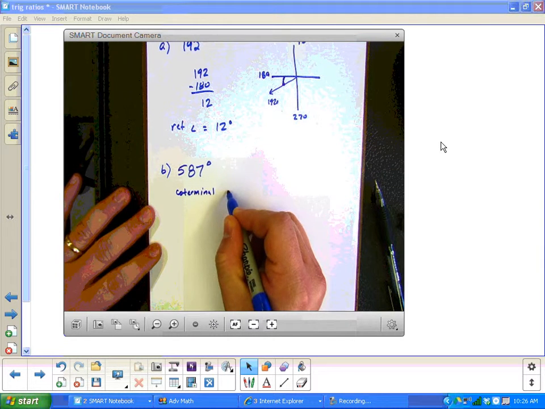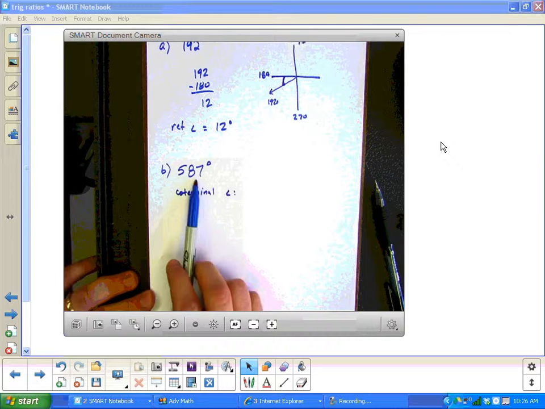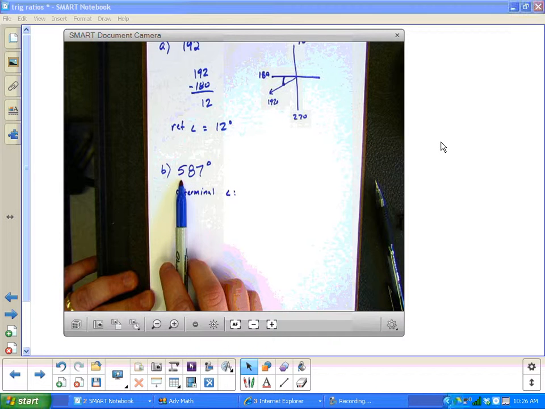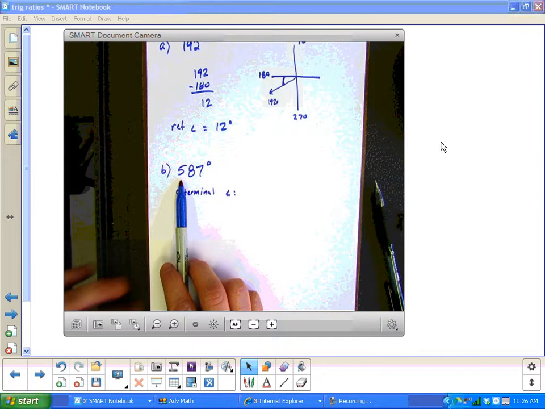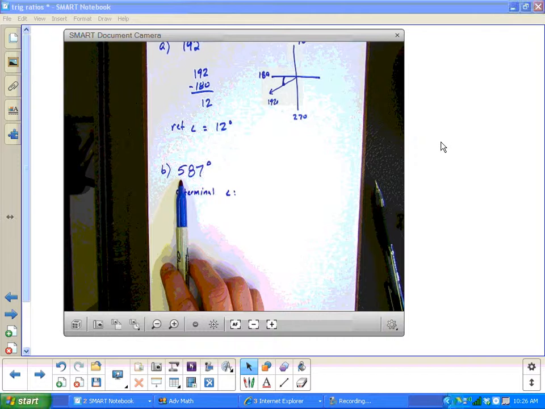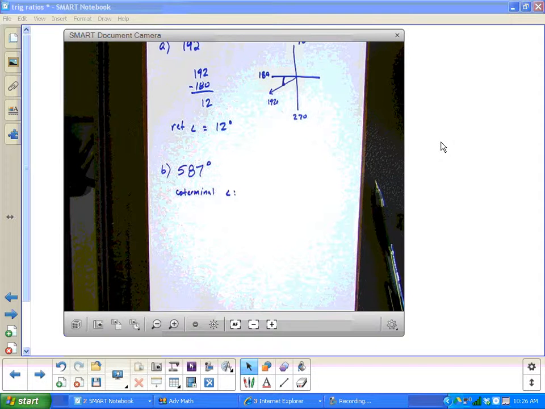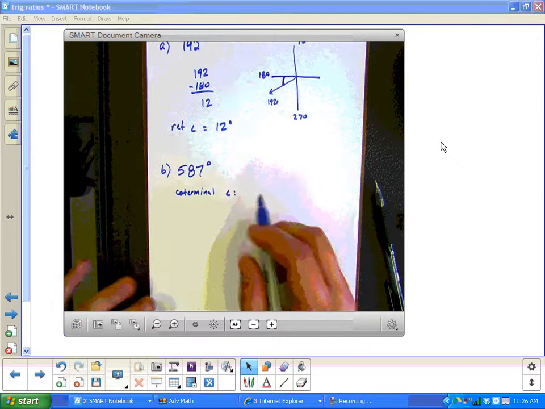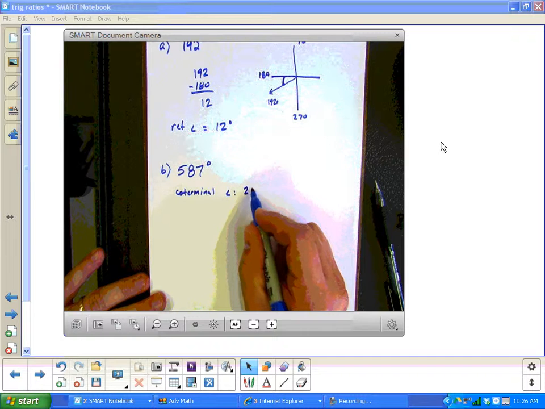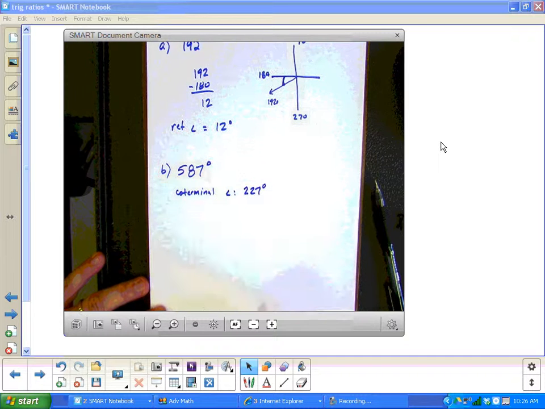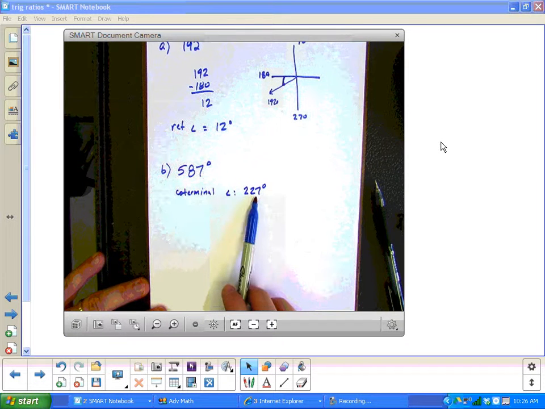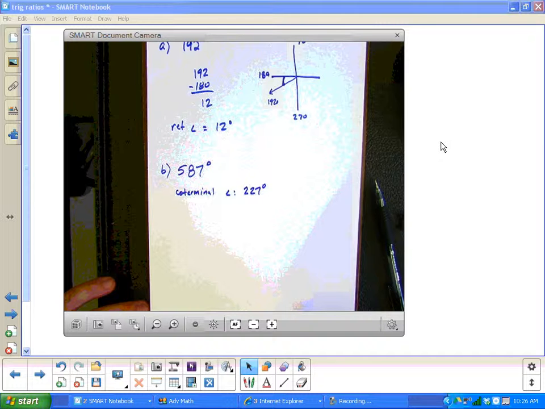All right, how do we find the coterminal angle? Subtract 360 as many times as you need. What if it's negative? Then you have to add 360. All right, so I think just one time is going to get it, isn't it? All right, 587 minus 360, y'all put that in for me. 227. Okay, now, is this my reference angle then?